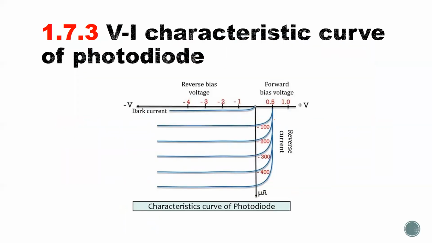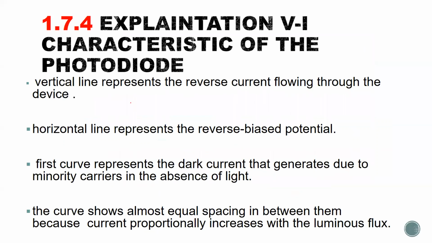These are the VI characteristic curves of the photodiode. We have the reverse current. Next, the explanation of the VI characteristic of the photodiode. First, the vertical line represents the reverse current flowing through the device. Second, the horizontal line represents the reverse bias potential.